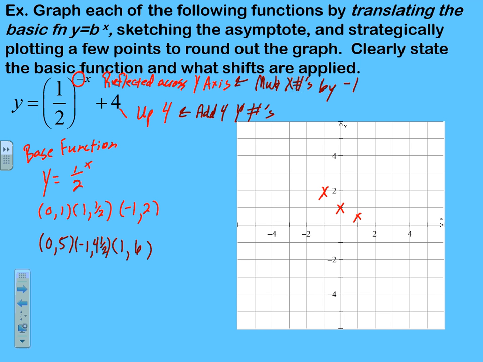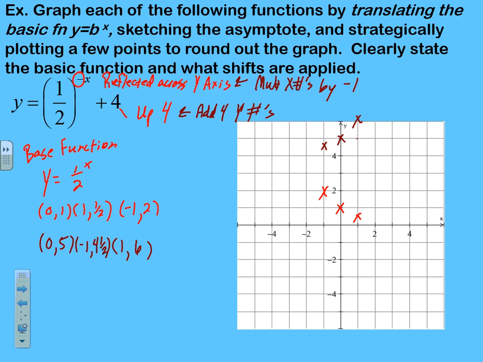So 0, 5 will put me one point here. -1 and 4.5 will put me about right there. And +1 and 6, we're almost out of room here, about 6 right there.